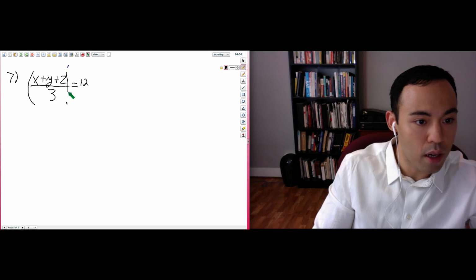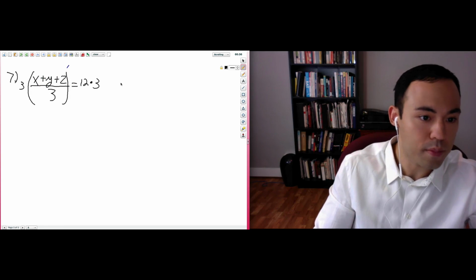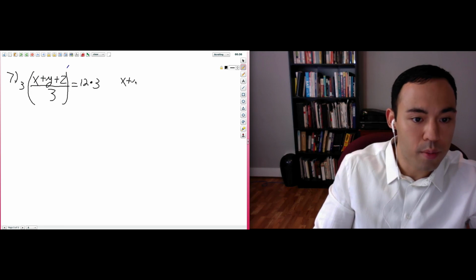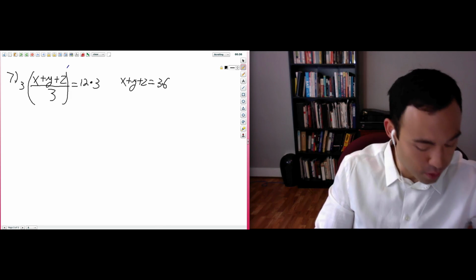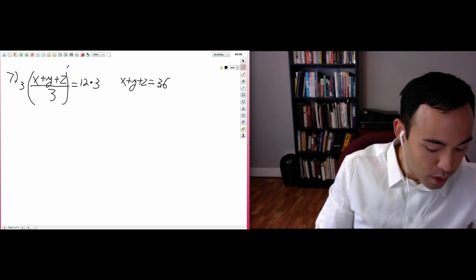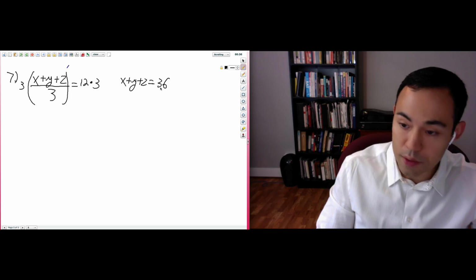Usually then, for the SAT, you find yourself having to multiply to find the summation of only those individual elements. All right, so x plus y plus z is equal to 36, because 12 times 3 is 36. So when the greatest of these numbers is subtracted from the sum of the other two, the result is 4.